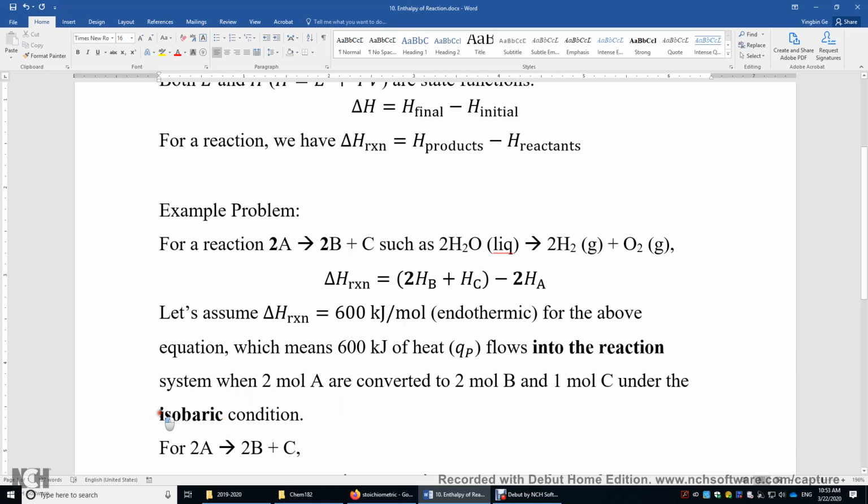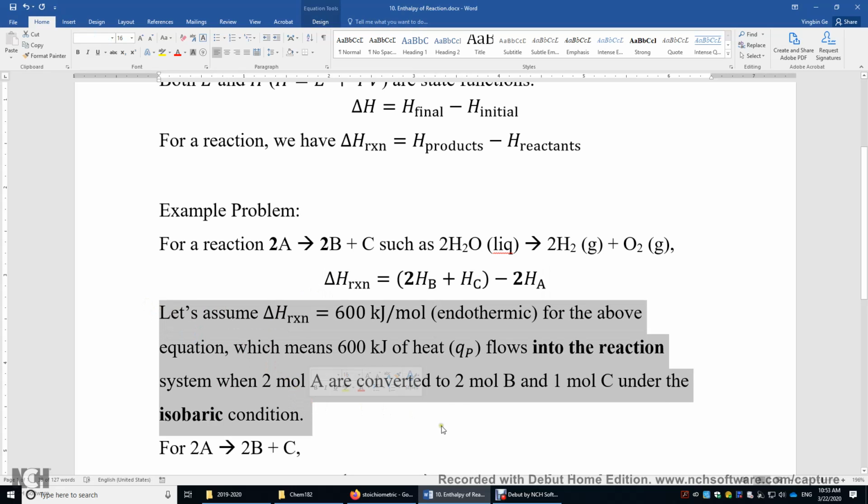Well, if I change this word to isochoric, and then this statement does not hold true. If it's isochoric, then the internal energy change of the reaction is equal to the heat flow.